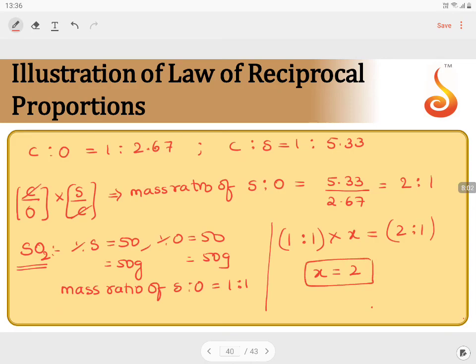The ratio at which they combine with each other is in a simple multiple to 2:1. This is how we can prove this particular law.